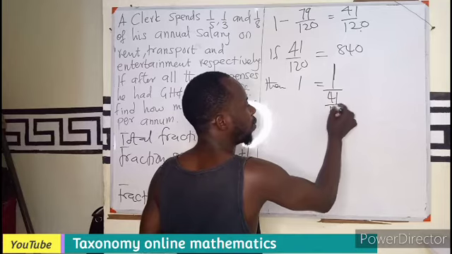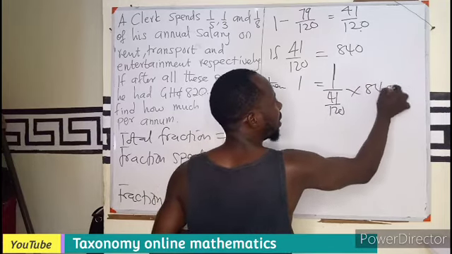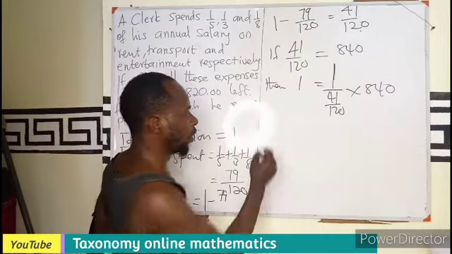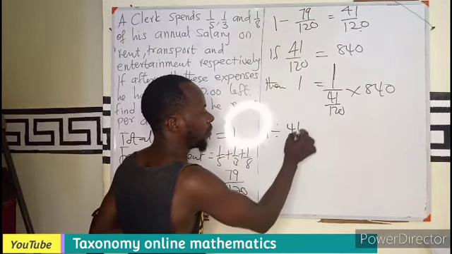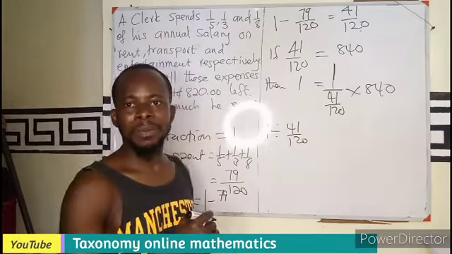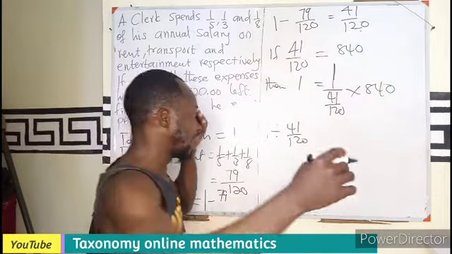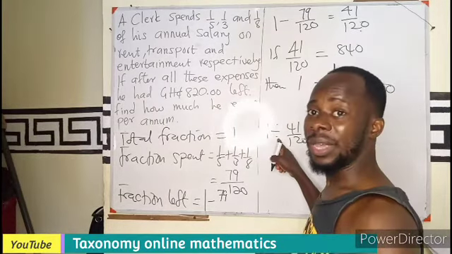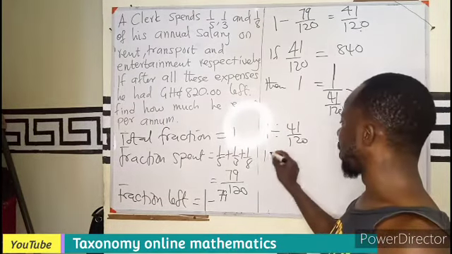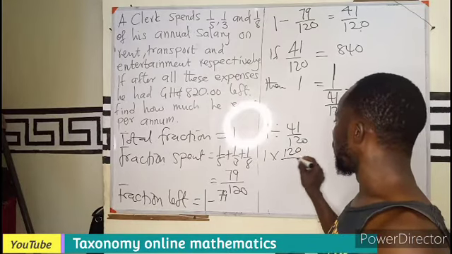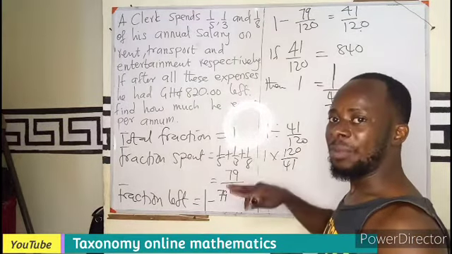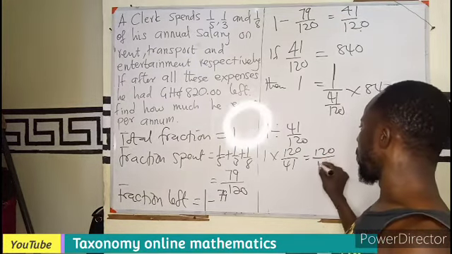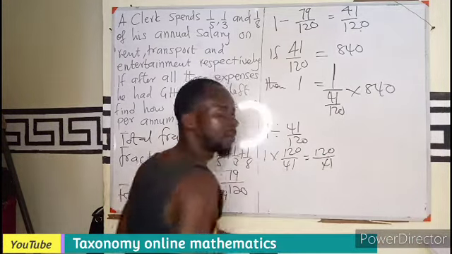41 over 120 times 840. Don't forget, this is double division. So it's going to be 1 divided by 41 over 120. And if I want to change this into multiplication, then it becomes 1 times 120 over 41. You flip the second fraction. So when I flip that, that gives me 120 over 41.